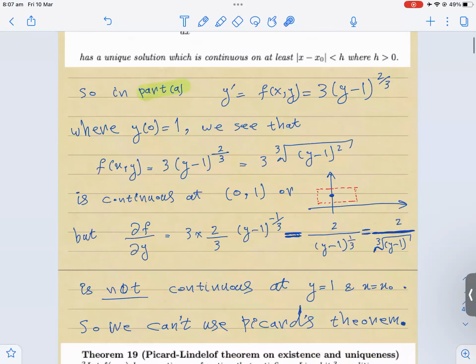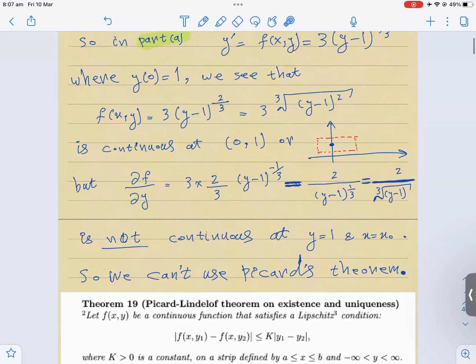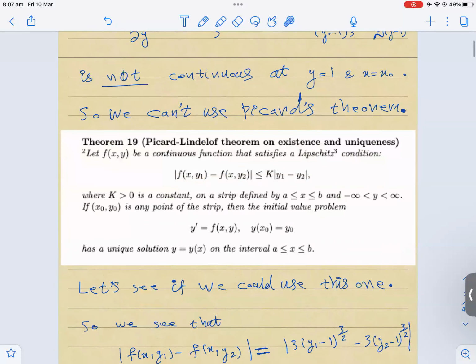So it's not continuous at y equal 1 and x equal 0, where x equals 0 means any point. So we cannot apply Picard's theorem.